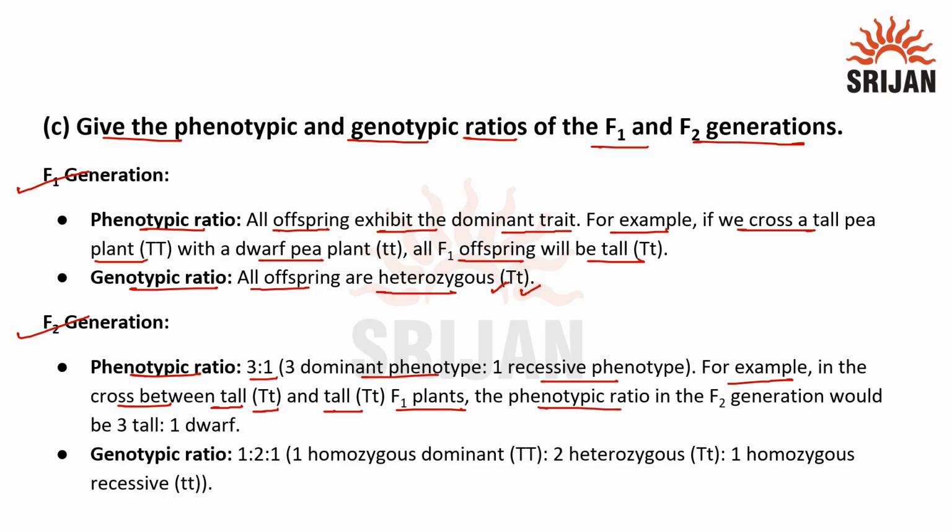The phenotypic ratio in F2 generation would be 3 tall is to 1 dwarf. Talking about the genotypic ratio, it is going to be 1:2:1, that is 1 homozygous dominant, 2 heterozygous and 1 homozygous recessive. I hope it is clear to you.